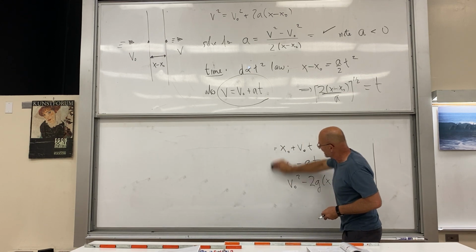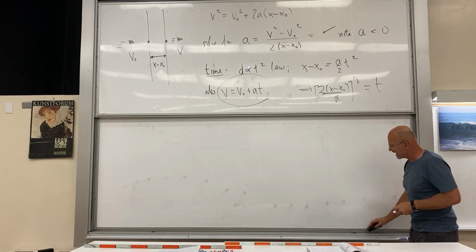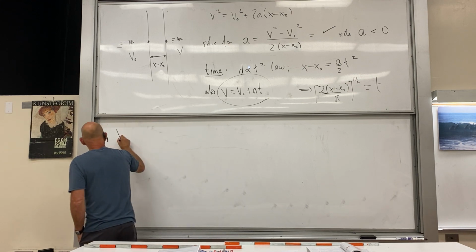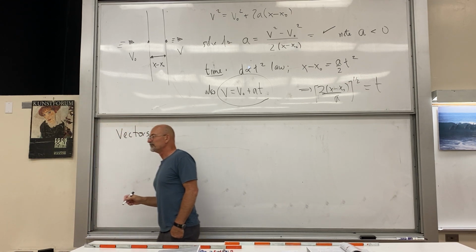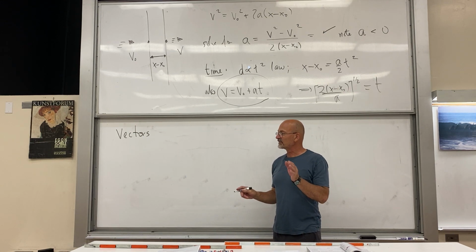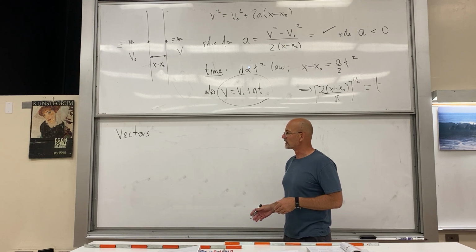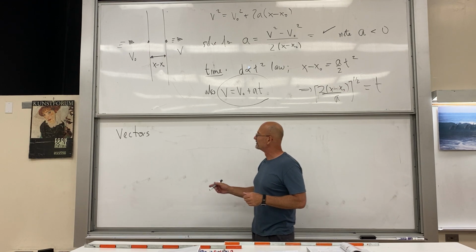So we were talking about vectors, first of all, and then vectors and motion. Now I'm not going to spend much more time on vectors than I did, because in this and the following chapter we'll get much more practice on vectors. So the discussion of the vectors is being spread out a bit.